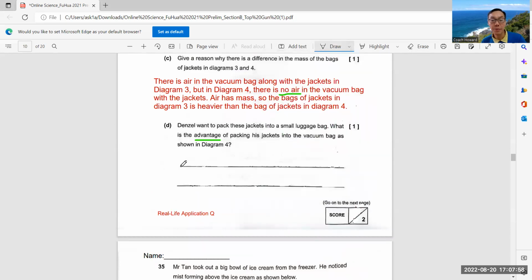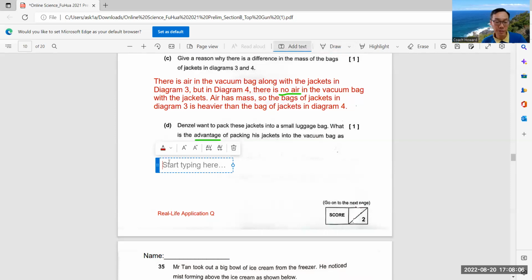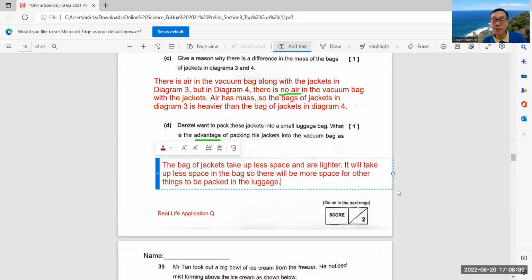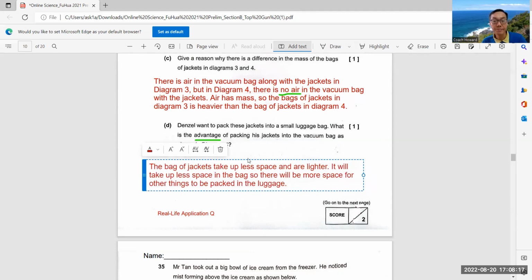Let me blank out this line, and you answer. This is a real life application question. Next time if you go for a trip, you can try this, but you must buy those special vacuum bags. Usually they are quite big so that you can put in your clothing.